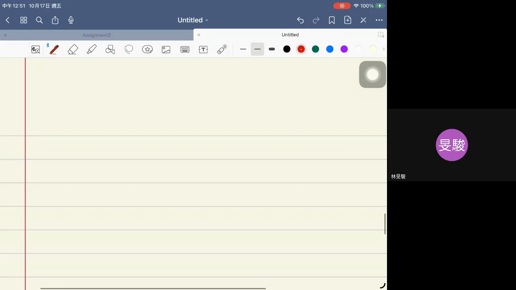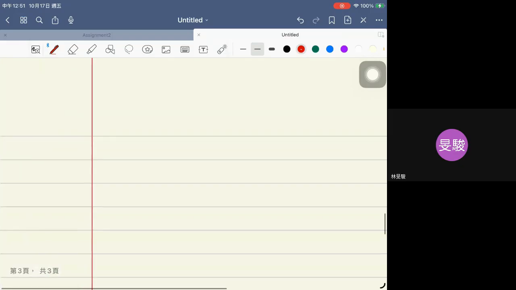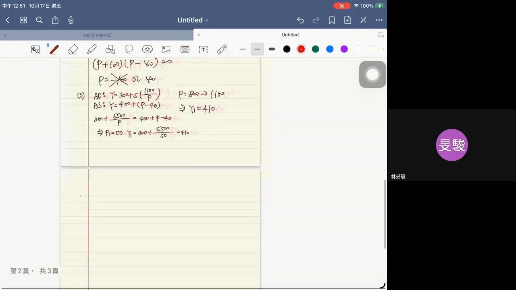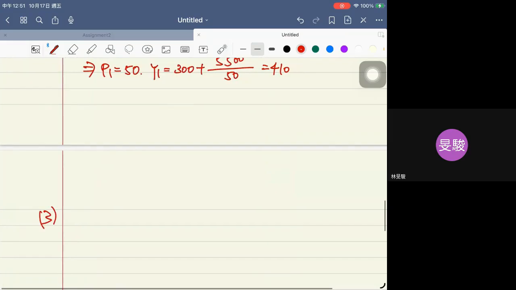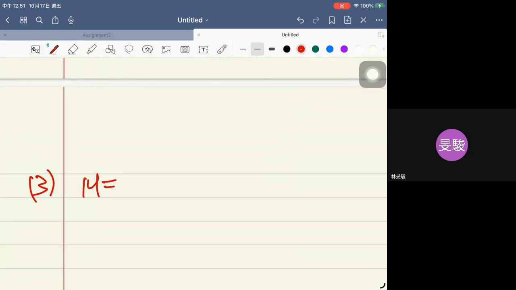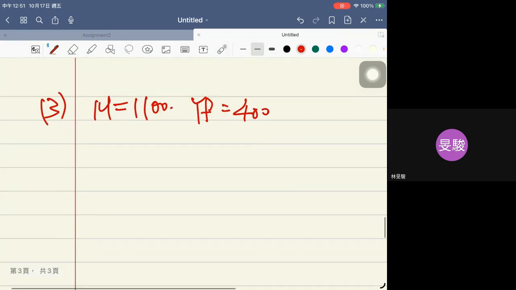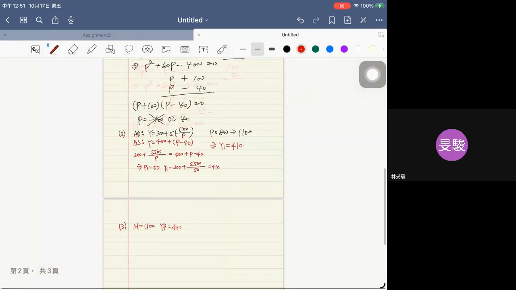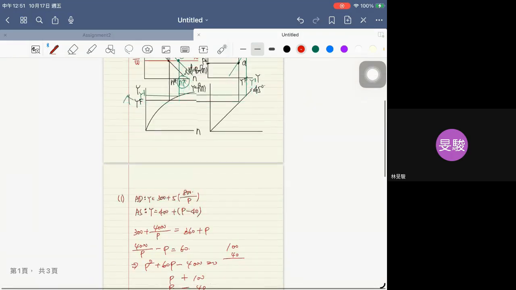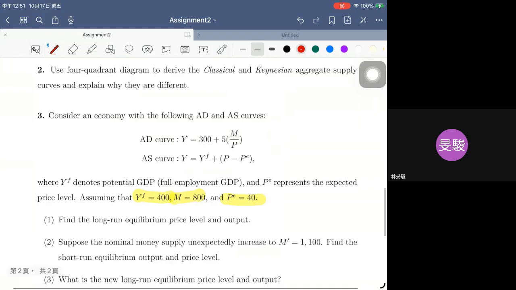Substituting the money supply M1 is 1,100. Y is unchanged because in the long run the real output is unchanged. We substitute this into the AD curve.